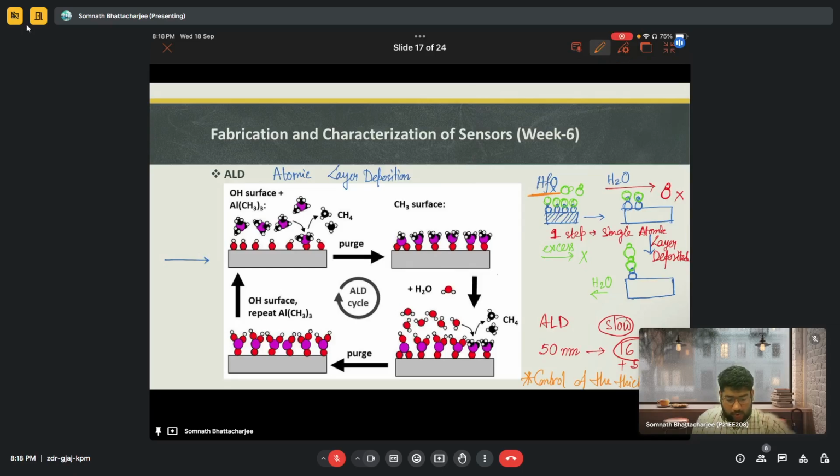If you require 40 nanometer, you can directly get the exact 40 nanometer. Even if you want 50 nanometer, you can get that directly. Even if you want 40.2 nanometer, let's say, you can get that as well. So this is the main USP of this technique, the atomic layer deposition, which is not possible with thermal deposition or sputtering deposition techniques.